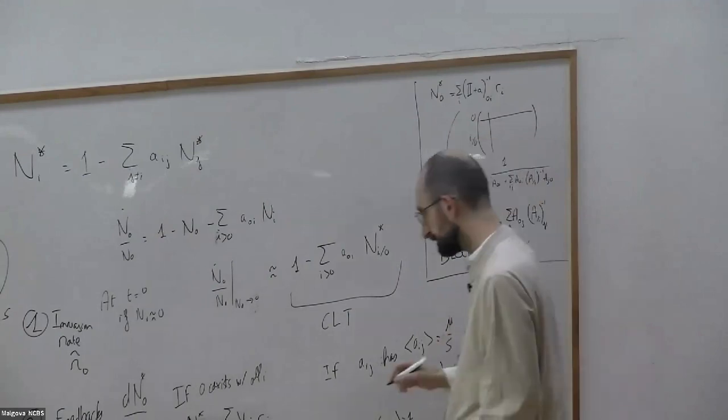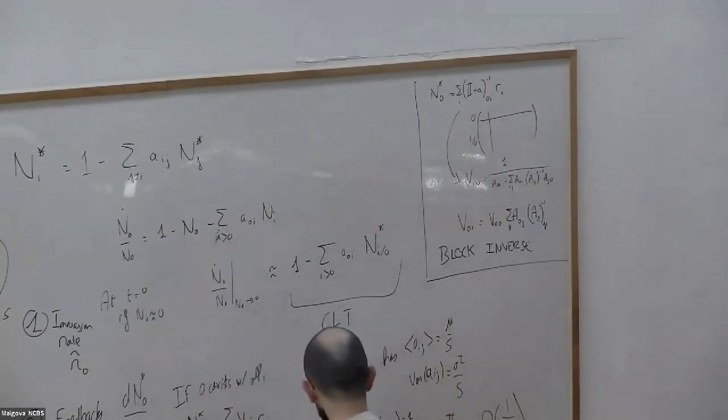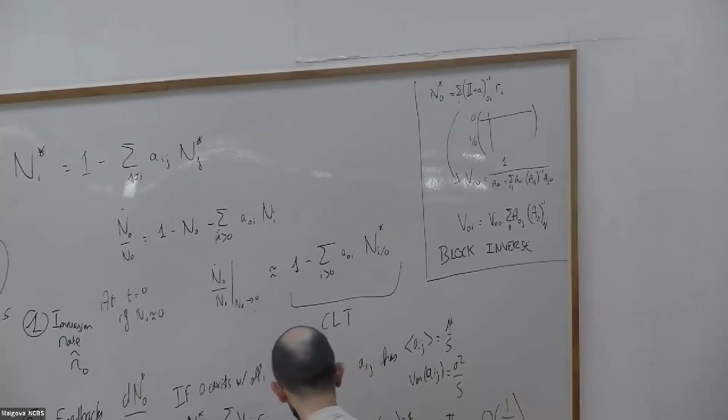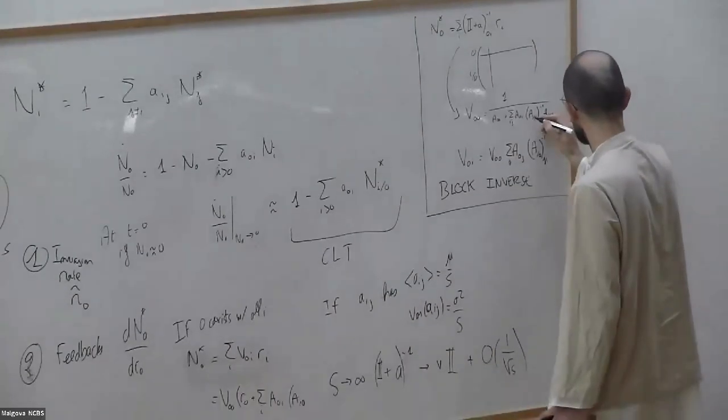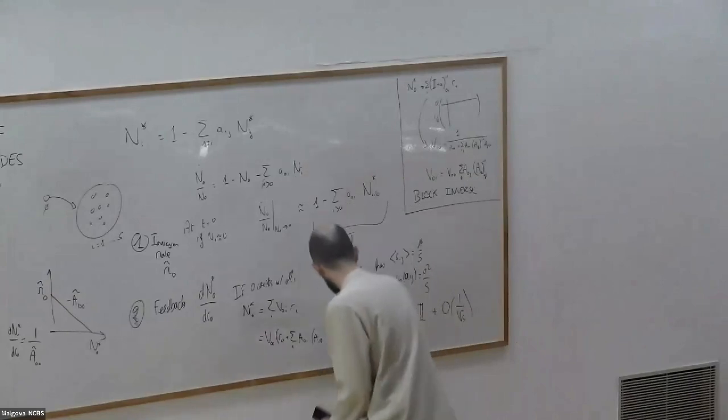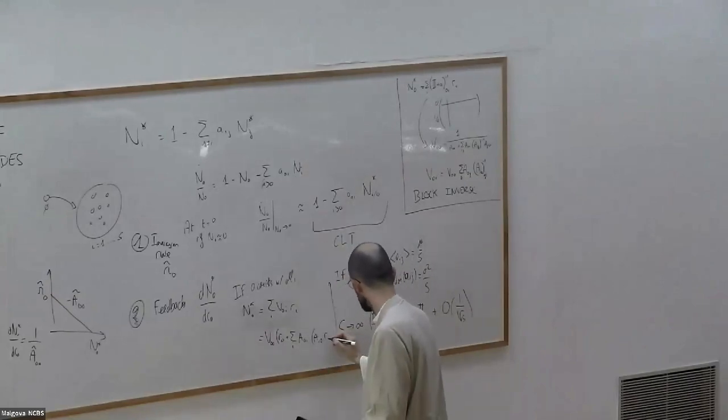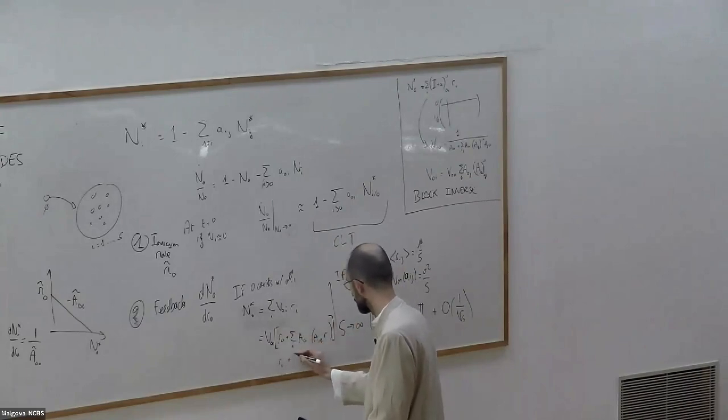And this is going to be sum over A0I times the inverse without 0 applied to R, and this thing here is R0 plus sum A0I times N star I without 0.